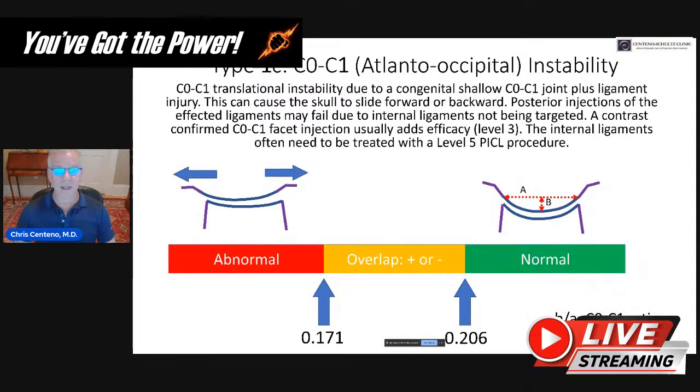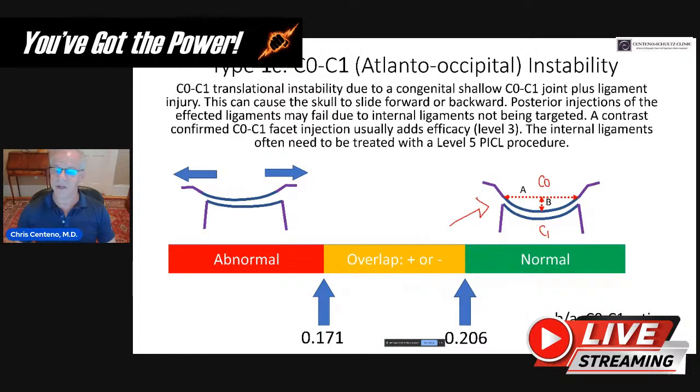And then finally, at this C0, C1 level, there is another type here. This was talked about in one of the references that I put up front. But in addition to that, I've also done a whole video on this concept. And that is normally, so if this is the skull at C0 and this is C1, we see a deep set ball and socket type arrangement here.